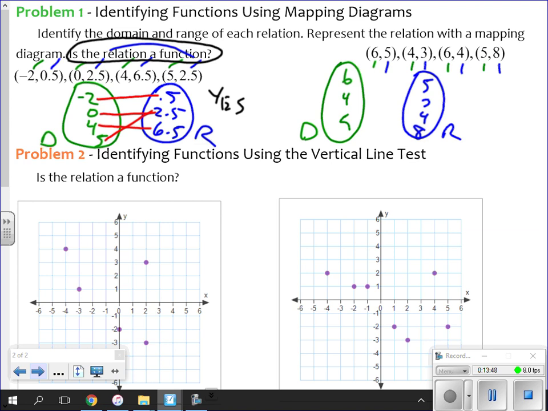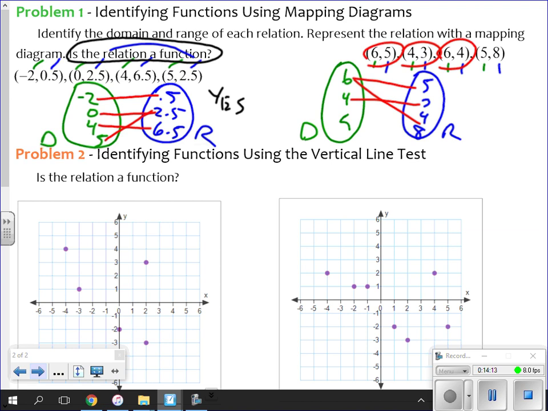Okay, here's the part that you have to be also very, very careful on. Map them. Take each x, connect it with any y that goes with it. So I have from here, 6 goes to 5. From this pairing, 4 goes to 3. From this pairing, 6 goes to 4.